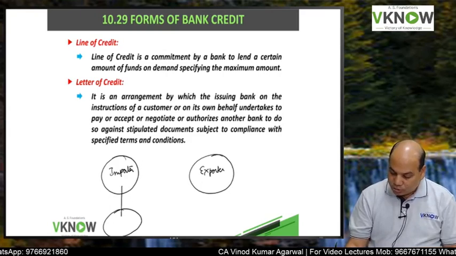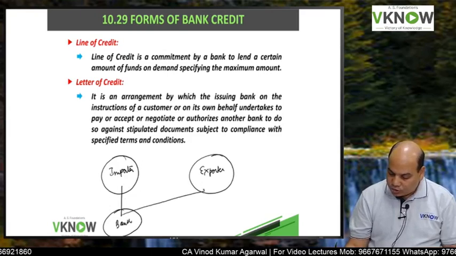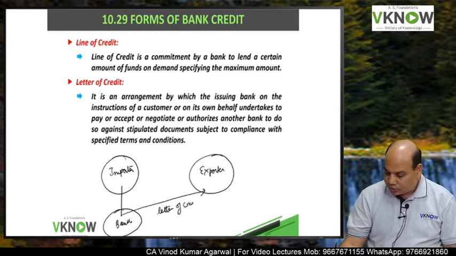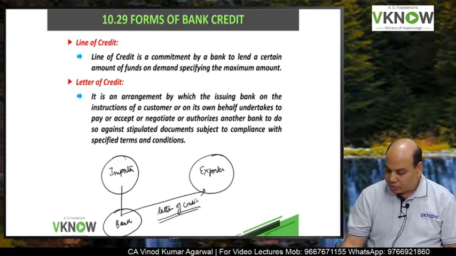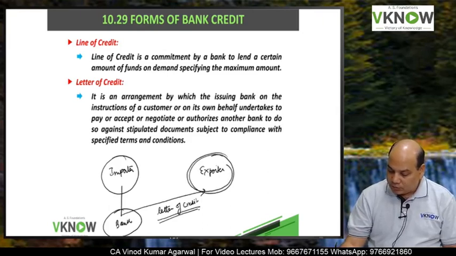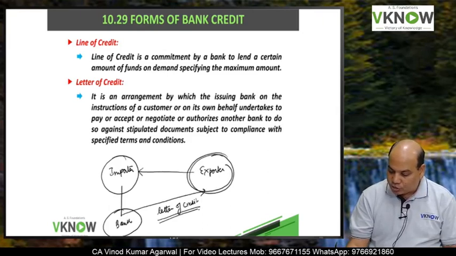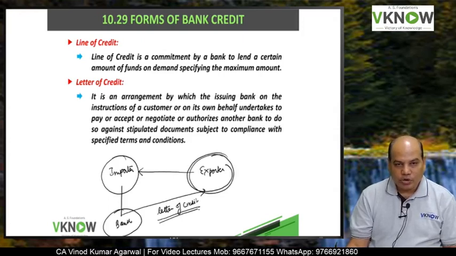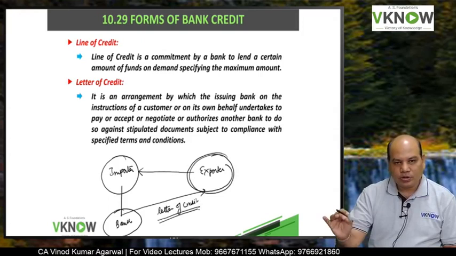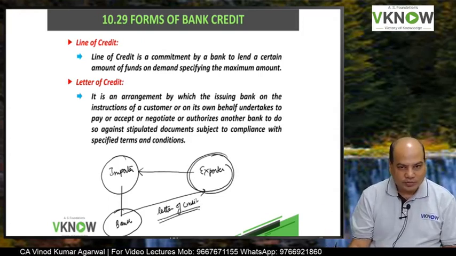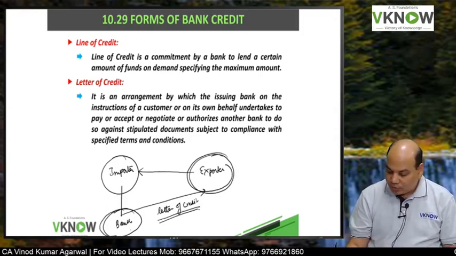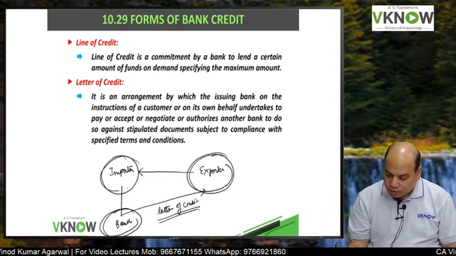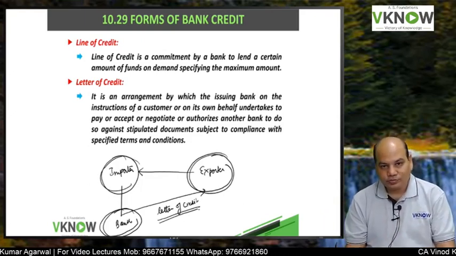So the importer goes to his bank. The bank issues a letter of credit in the name of the exporter. It says that if the exporter dispatches goods to the importer as per the terms and conditions, with all the documents, with quality, whatever you have agreed, then the bank will ensure that the importer will make payment to you.